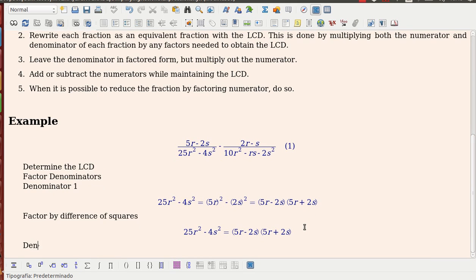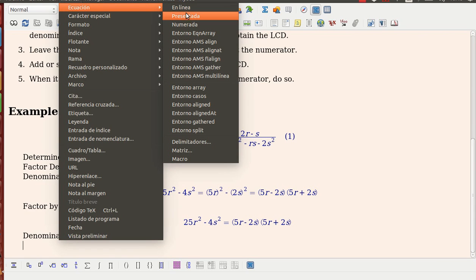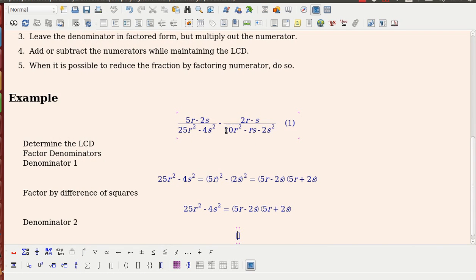Now let's go to denominator number 2. Denominator 2 is 10r squared minus rs minus 2s squared.